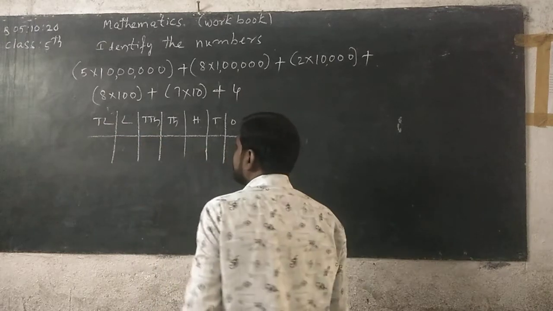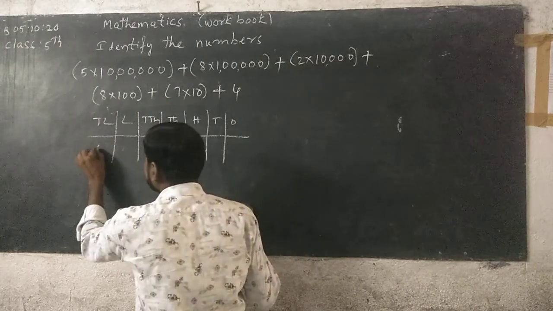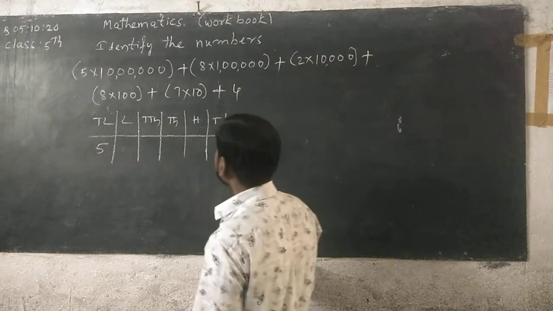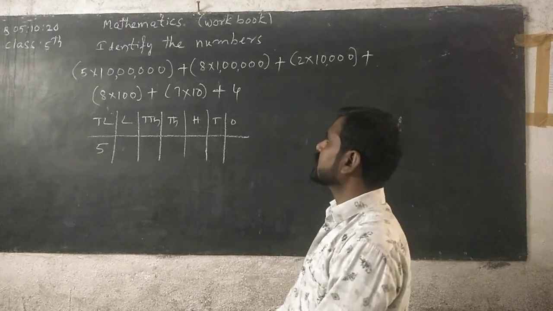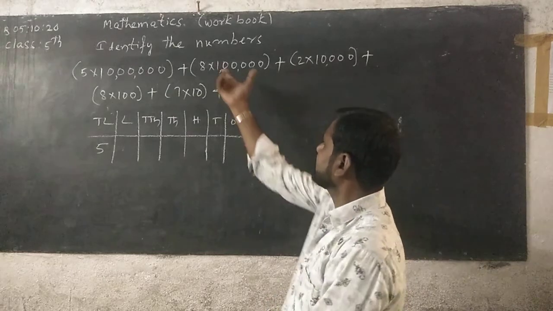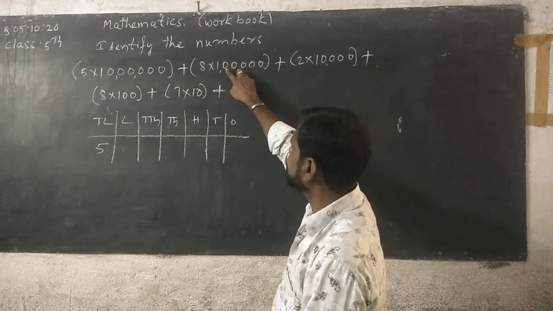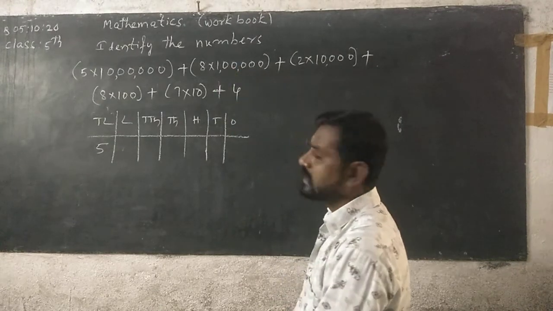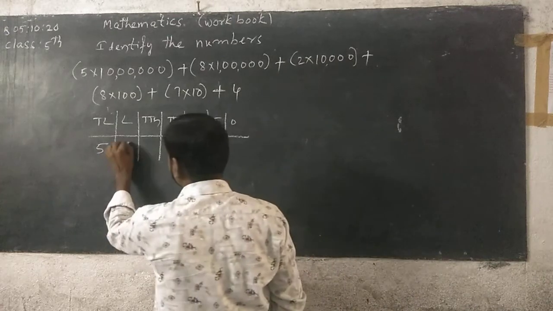See here, 5 is in 10 lakhs place. Now next, go towards the second number from left to right. Ones, tens, hundreds, thousand, 10,000, lakh. Means 8 is in lakhs place.